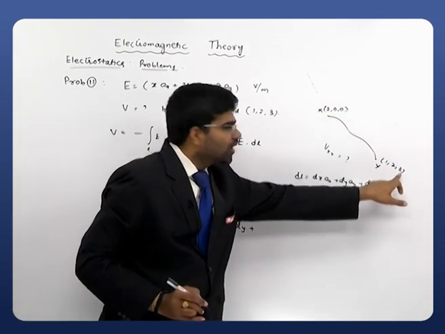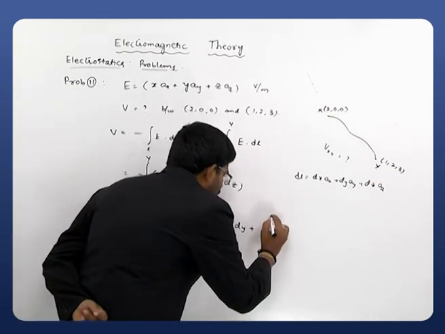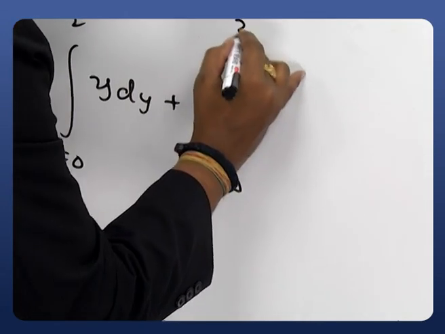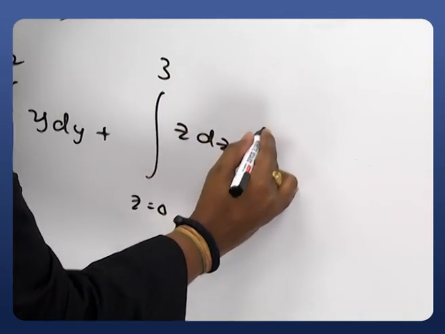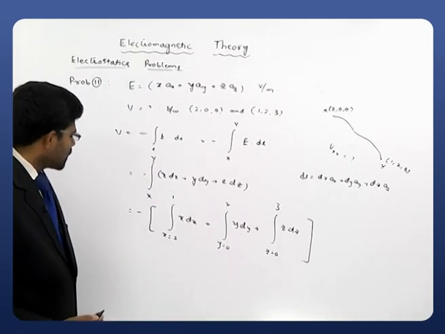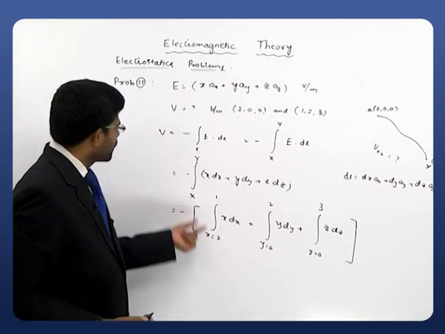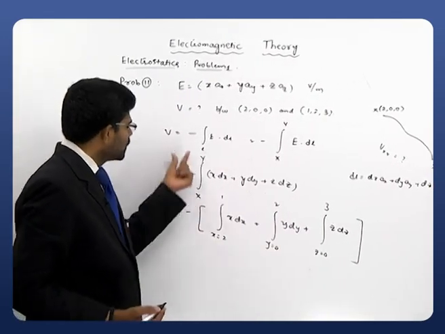Z will be taken from 0 to 3, so the integration for z is from 0 to 3 of z dz. Just the simplification of this will give us the answer. That is the potential difference for this particular quantity.